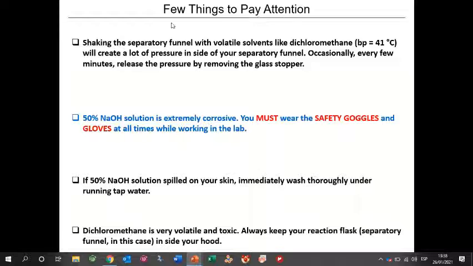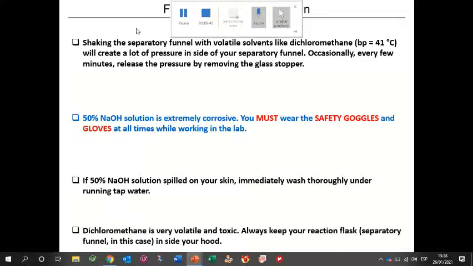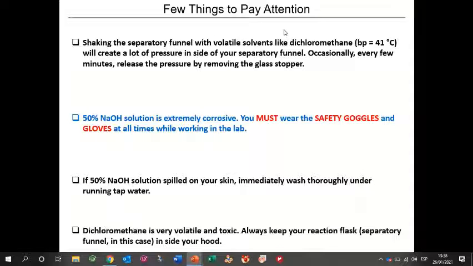So this is a very important slide. As you can see here, it lists a few things to pay attention to. These are the keys to performing the experiment with the highest quality, right? First, as I mentioned, shaking the separatory funnel with volatile solvents like DCM will create a lot of pressure inside your separatory funnel.